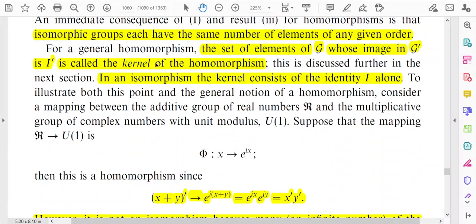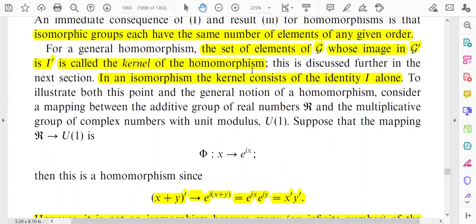For a general homomorphism, the set of elements of G whose image in G prime is I prime is called the kernel of the homomorphism. Again, listen to this sentence very carefully. Suppose there is a set of elements in the group G whose image is I prime in group G prime.